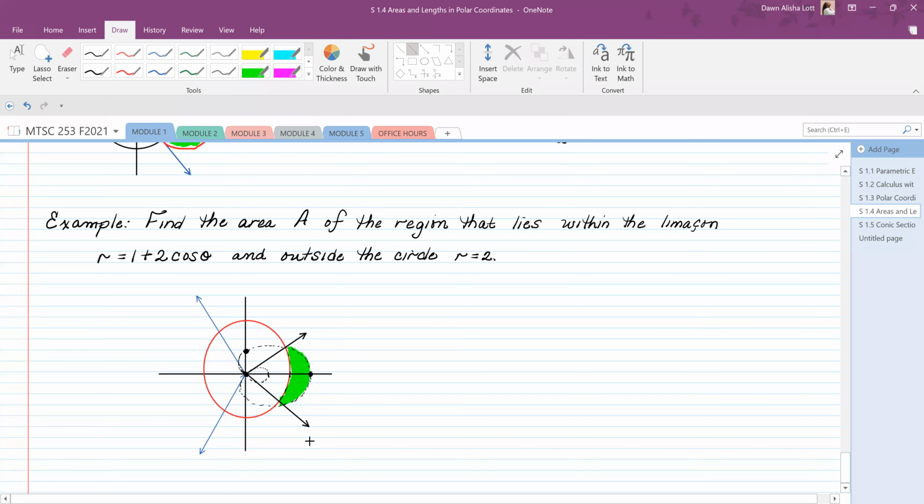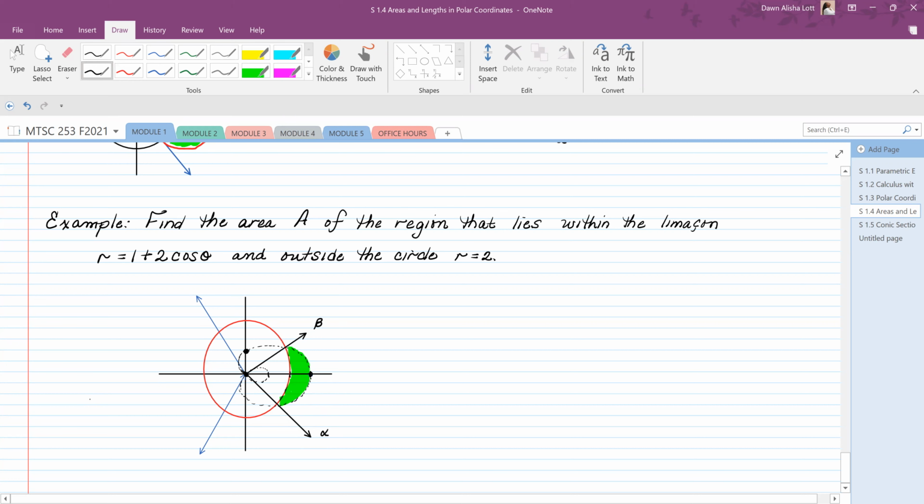So this angle down here is alpha, and the angle up top is beta. We've got to figure out those, and then r sweeps between the two.